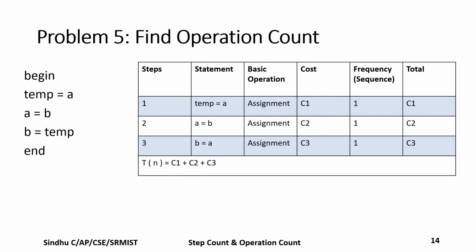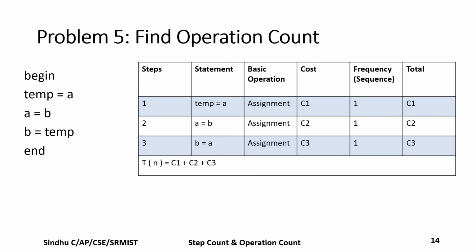Then you multiply the cost and the frequency of occurrence, so the total is C1. In the second step, you have A is equal to B. This is again a basic assignment operation. Value B is assigned to A. Again, this is a different statement, so its cost might be different. So we take the cost as C2, some constant value, and again the frequency is 1. So multiplying C2 and 1, you get C2.